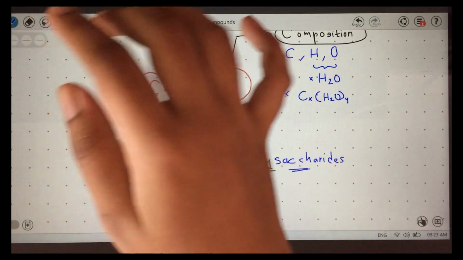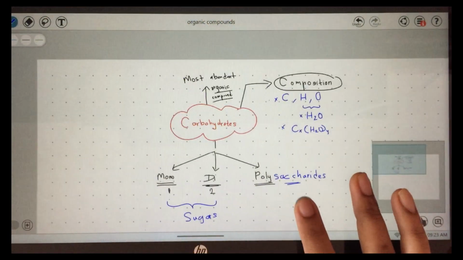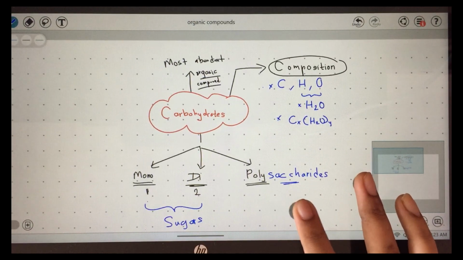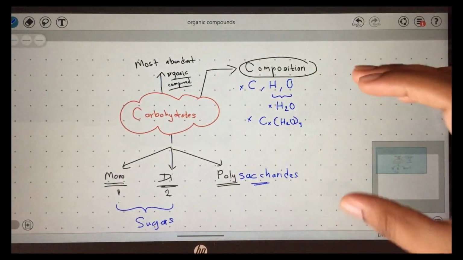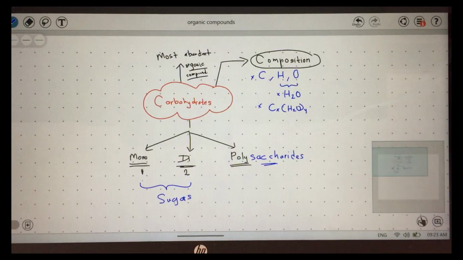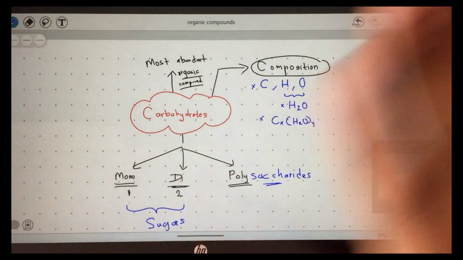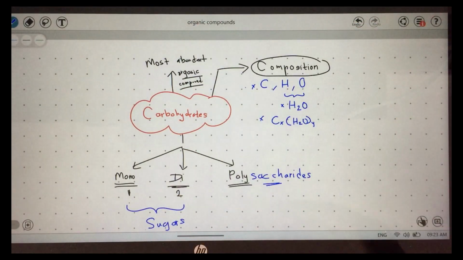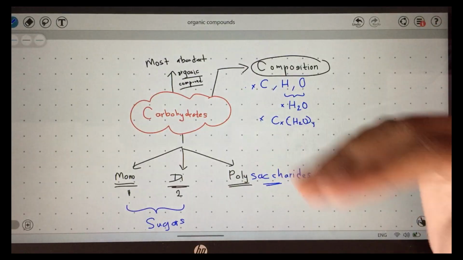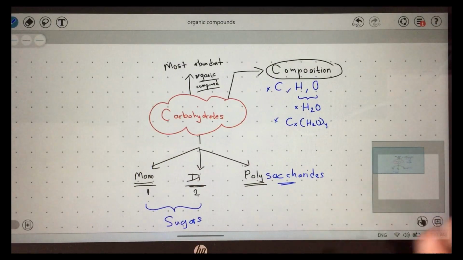You say only mono and disaccharides are sugars. These are the basic information you need to know about carbohydrates. Now when you take the topic itself, if you read it directly from the book, can you remember it properly like this? No.